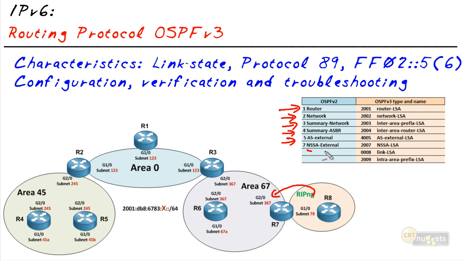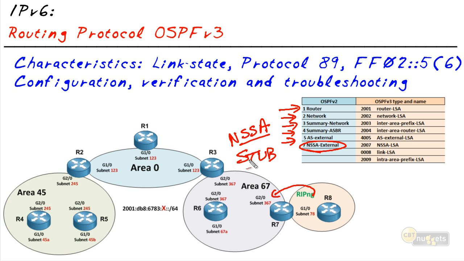Now, this last one right here is if you want this area to be a stub. So this is a stub area, but at the same time, you need a router in that area to redistribute into OSPF. To make that exception, they call it, well, it's a stub area. It's not really supposed to allow external LSAs, but let's do this. Let's make it a not so stubby area.